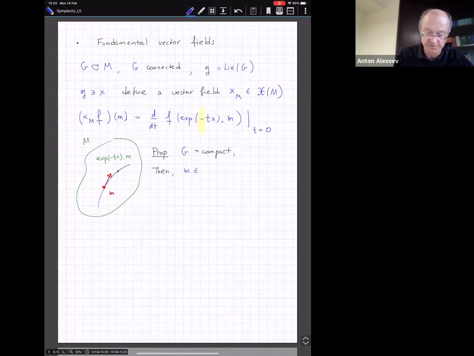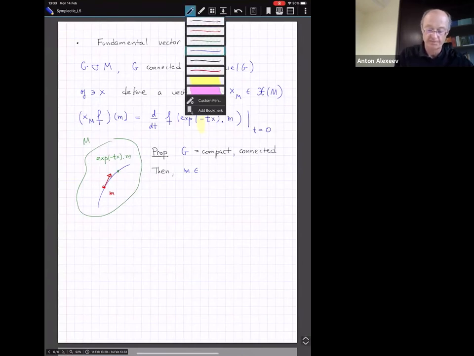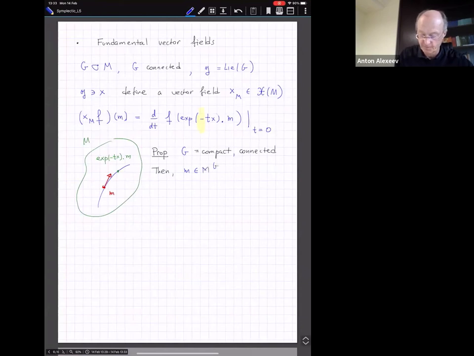Connected was always the assumption. Then the following is true: M is a fixed point if and only if x_M vanishes at M for all x in the Lie algebra.